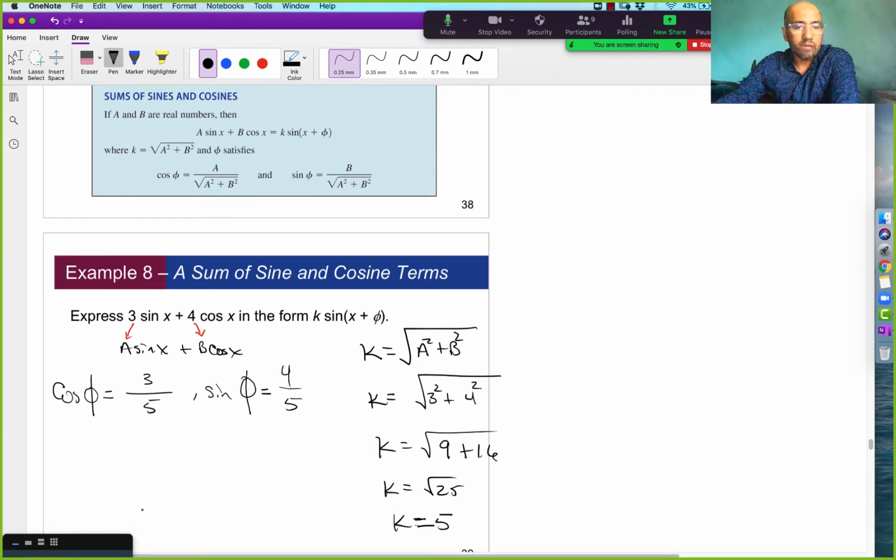Okay, this is one of our standard triangles, but let's write it down. We have some angle phi, and it turns out that cosine of phi is 3 over 5, and sine of phi is 4 over 5. So this is your standard 3, 4, 5 right triangle.